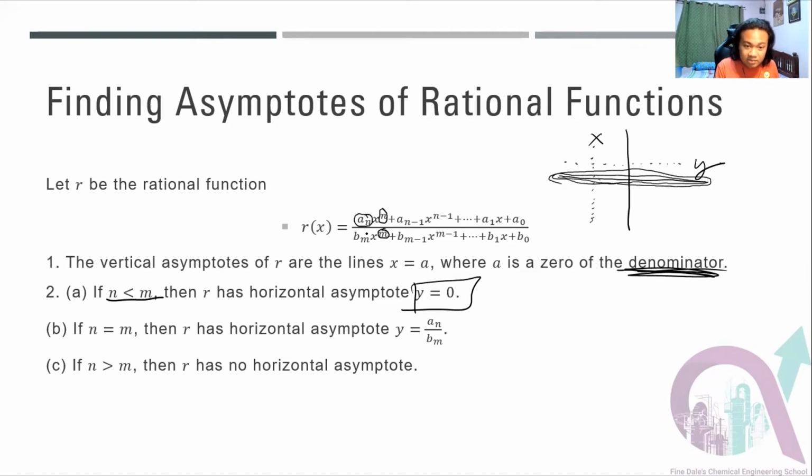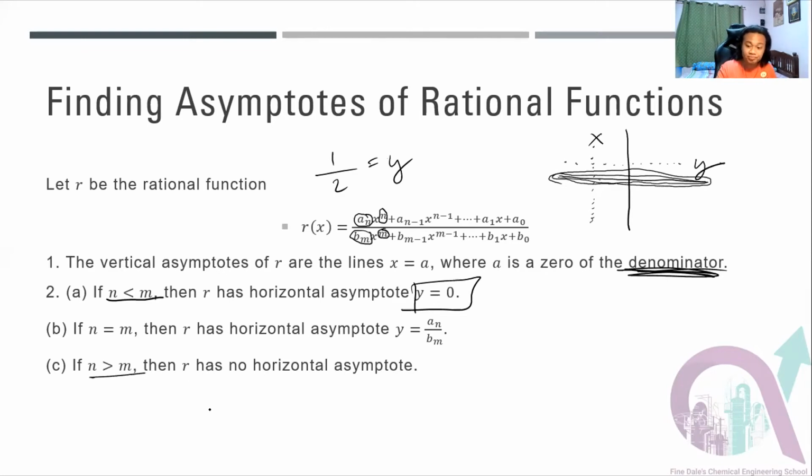For example, if a_n is 1 and b_m is 2, the horizontal asymptote is 1/2. Okay? And if n is greater than m, then r has no horizontal asymptote.